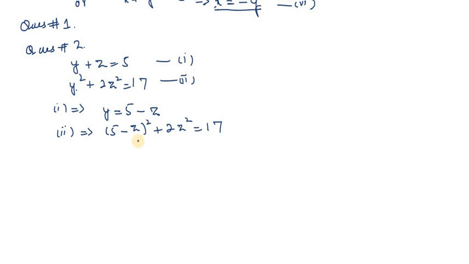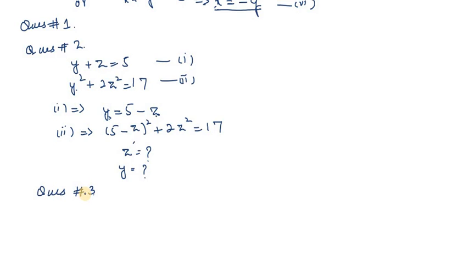By solving this equation we get a quadratic equation in terms of z, from which we find the value of z. Okay, so by putting the value of z in equation number 1, we get the value of y, and when we get the values of y and z, we can form the solution set easily.